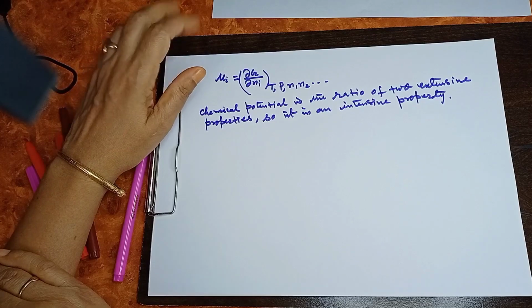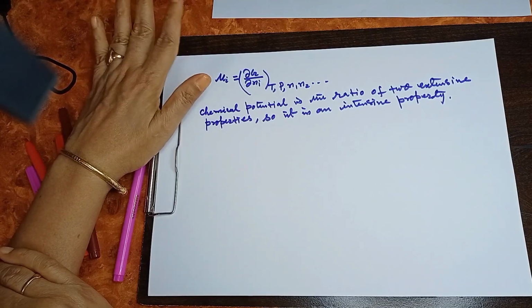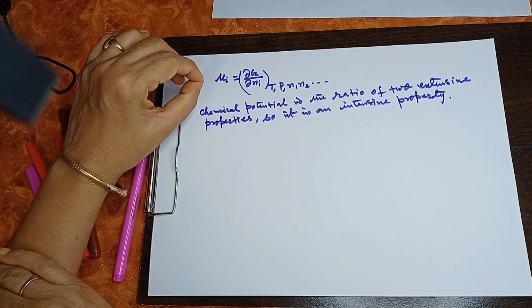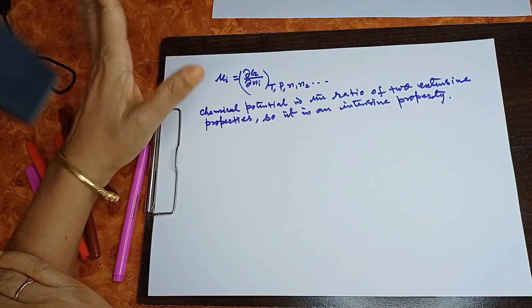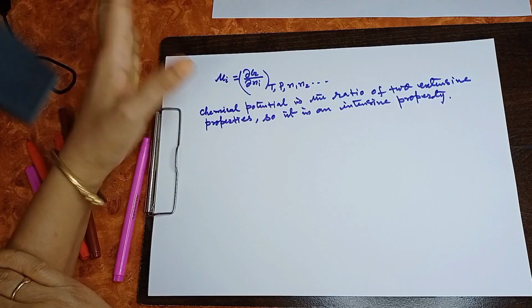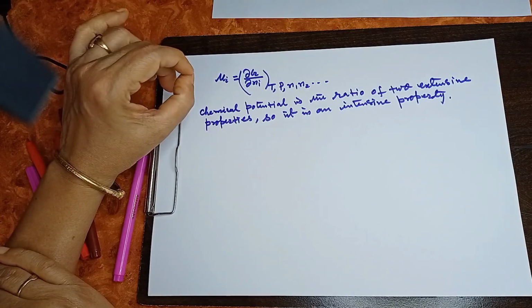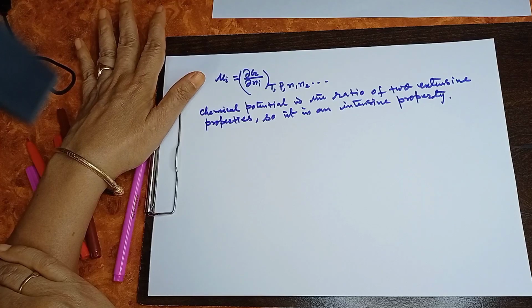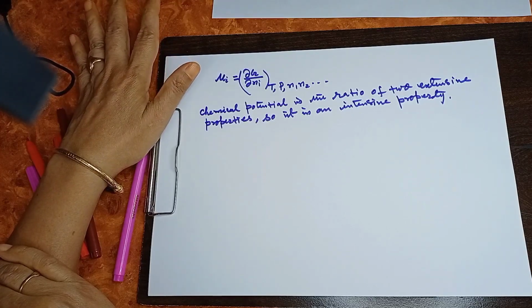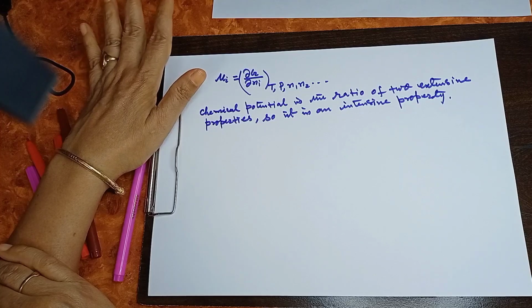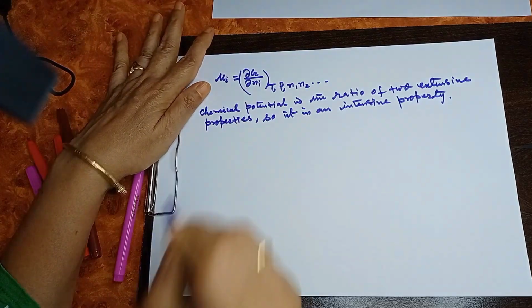Okay, fine. Now, our today's topic is how the chemical potential of a particular component in a mixture, it may be a solution, it may be a mixture of ideal gas, whatever it is, varies with temperature and pressure. So let's start with temperature.